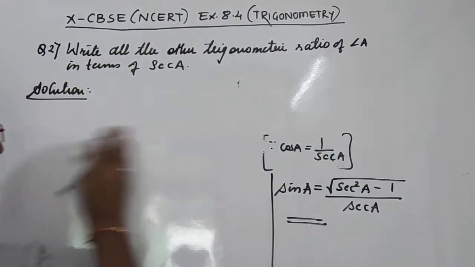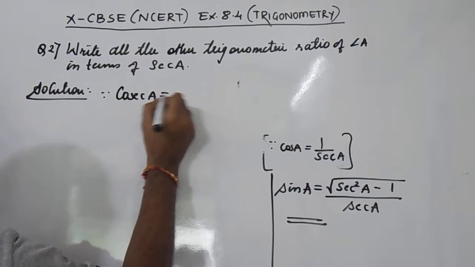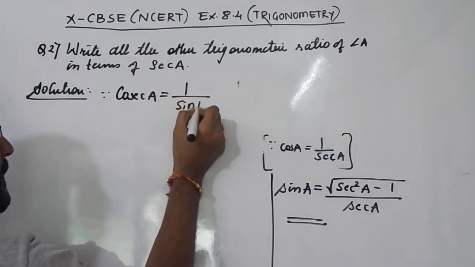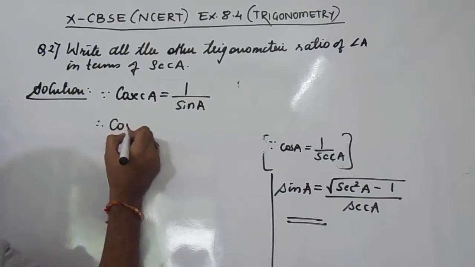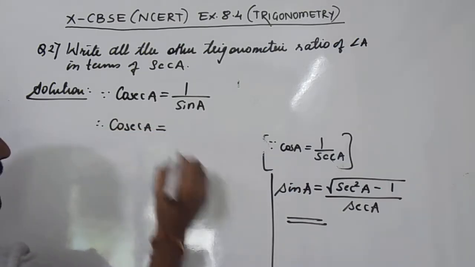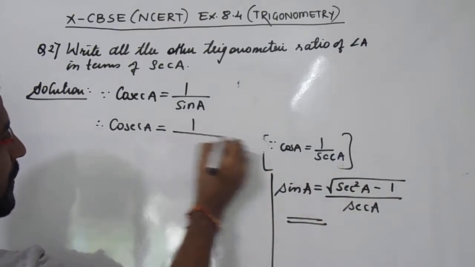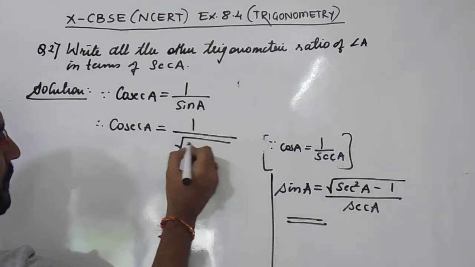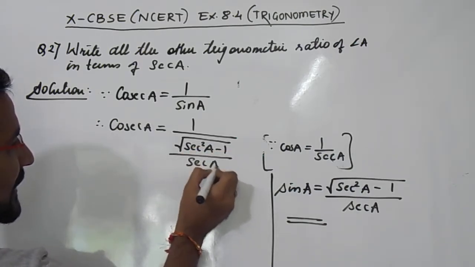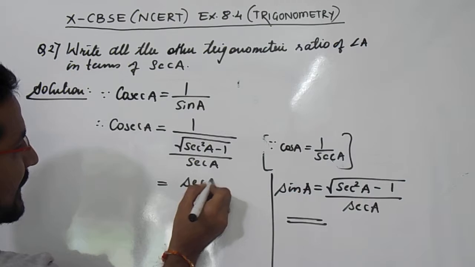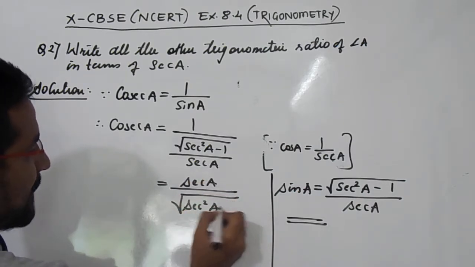Since we know that cosec A is 1 upon sin A, we'll get cosec A in terms of sec A. Sin A is root of sec square A minus 1 divided by sec A, so 1 upon sin A will become sec A divided by root of sec square A minus 1.